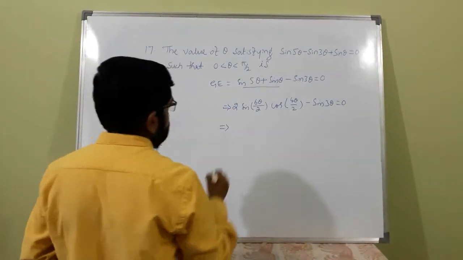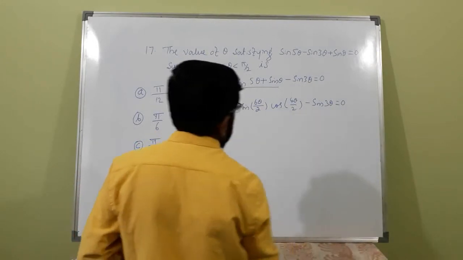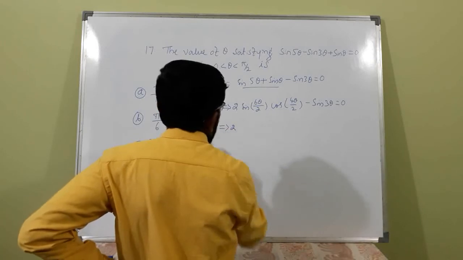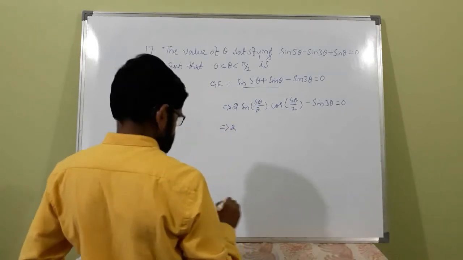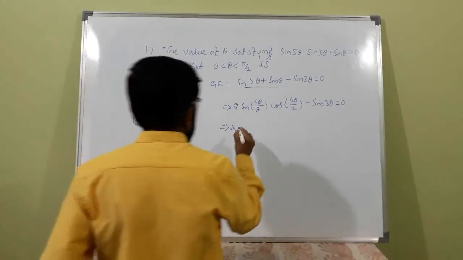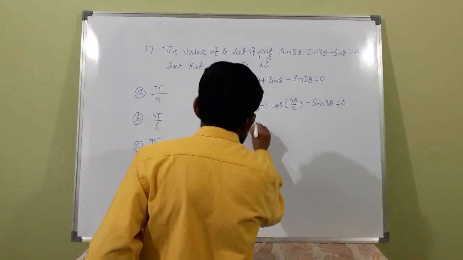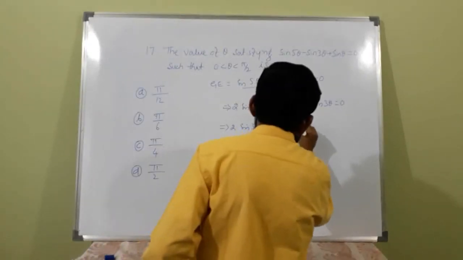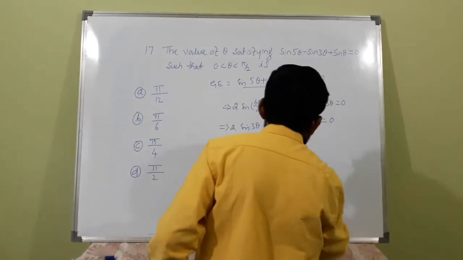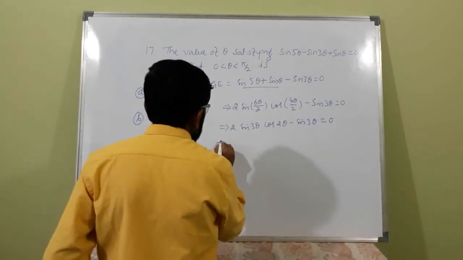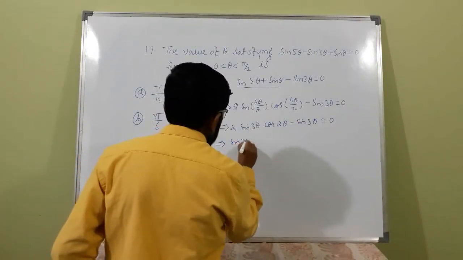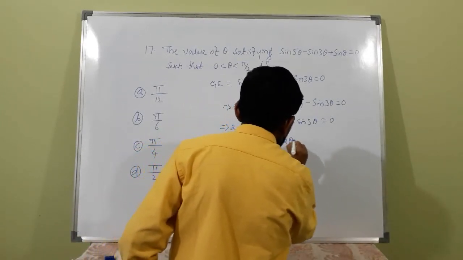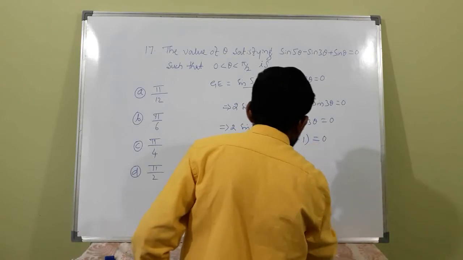That implies 2 sin 3θ cos 2θ minus sin 3θ is equal to 0. This implies, if you take sin 3θ common, sin 3θ times (2 cos 2θ minus 1) is equal to 0.